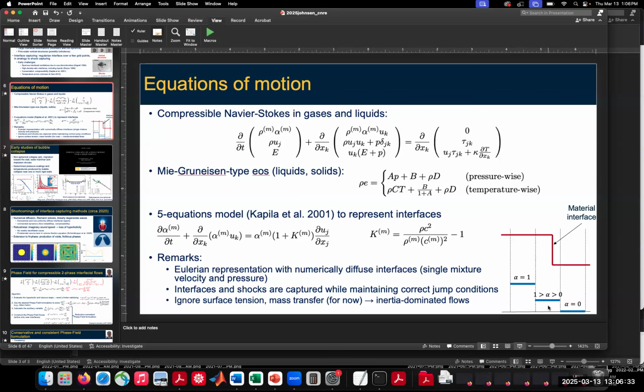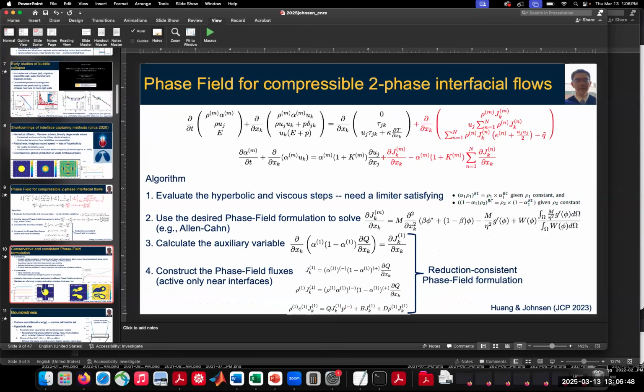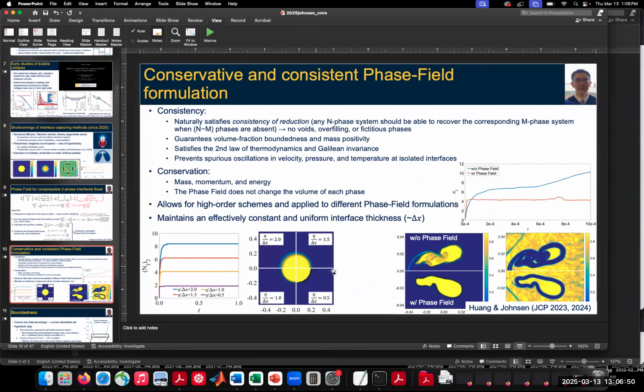I think the way to go about this is to consider as thin an interface as possible, and that you can do by choosing this parameter eta here, which basically governs the thickness of the interface, such that you get a thin interface.